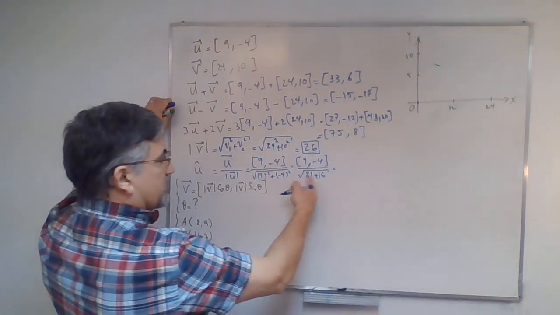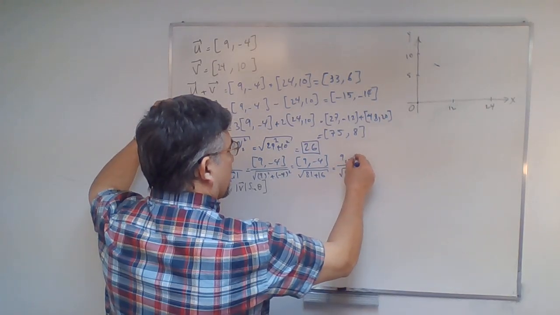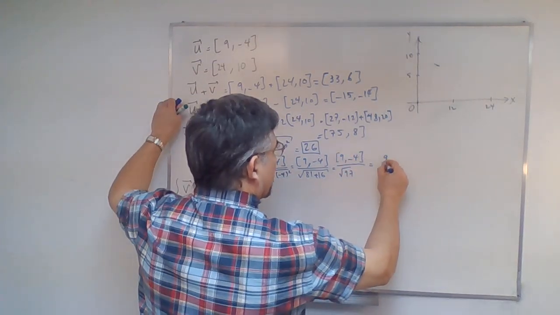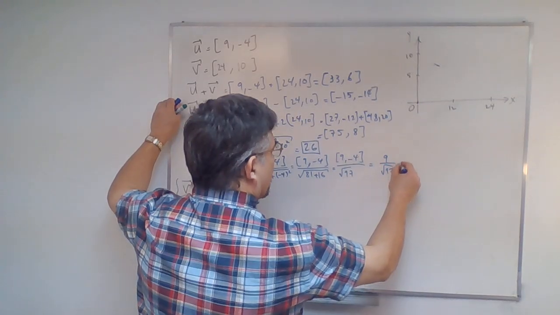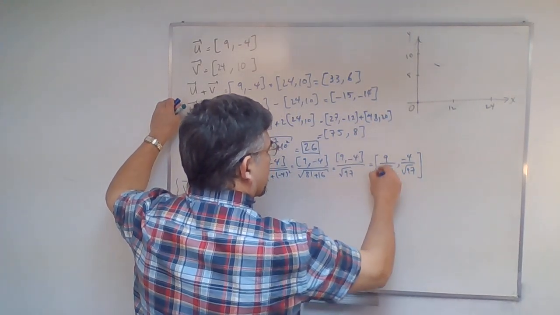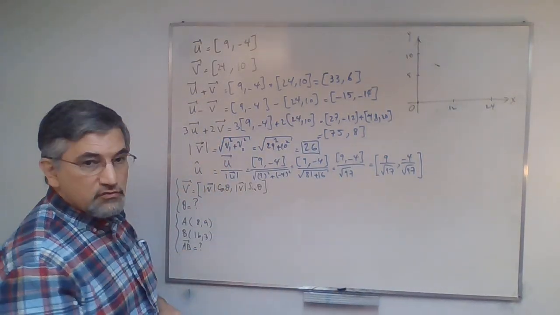So 81 plus 16 is 97. So square root of 97. And we can say this is 9 over square root of 97, comma, -4 over square root of 97. So this would be the unit vector in the direction of vector u.